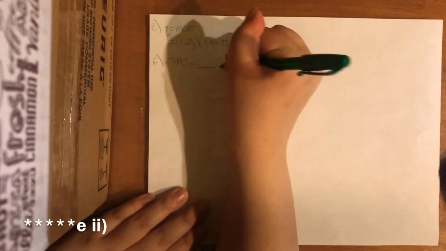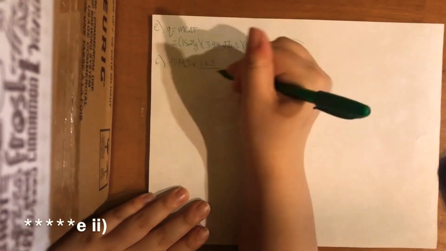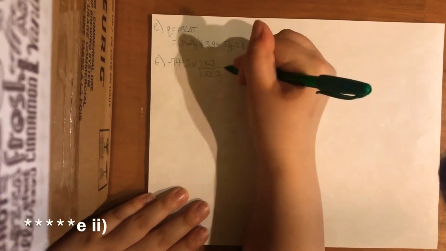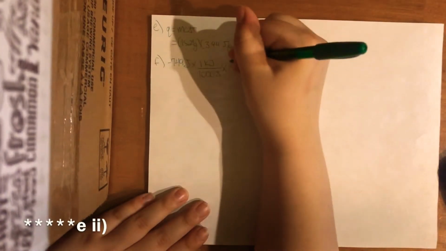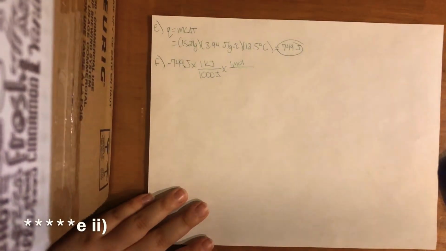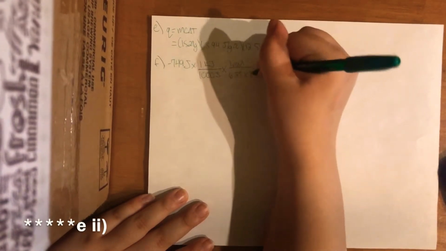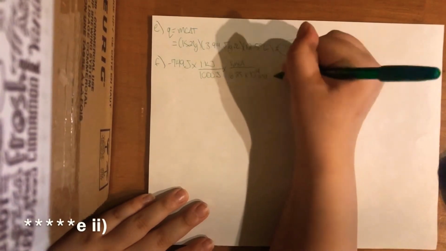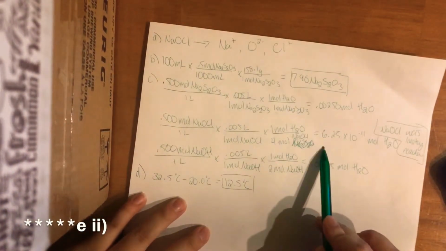And then you want to change it into kilojoules, so that's going to be 1,000 joules, and then you want to have 1 kilojoule on top, and then put 6.25 times 10 to the -4th mole reaction, because that was the number that we found previously from your limiting reactant.